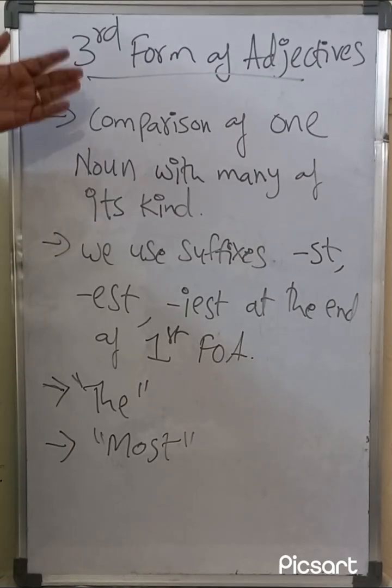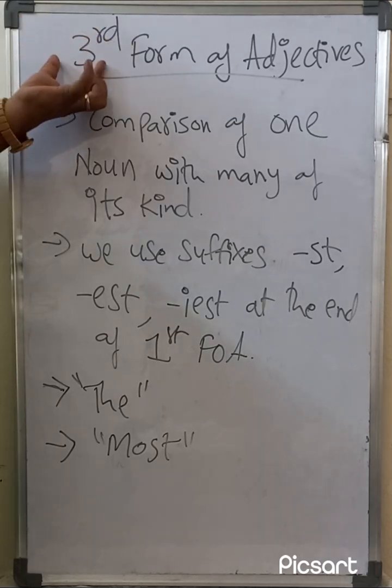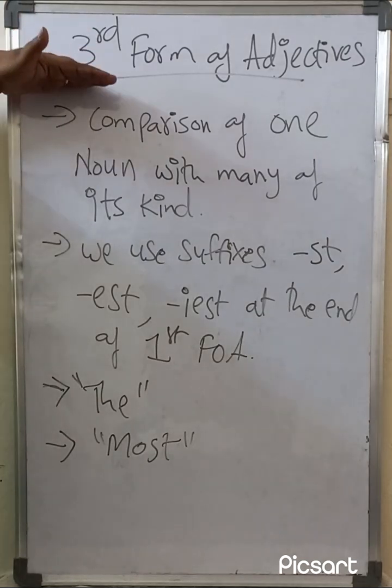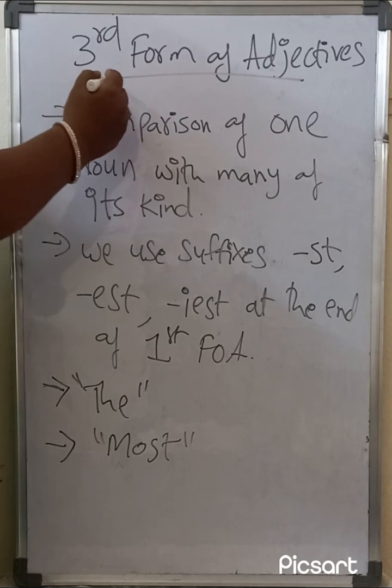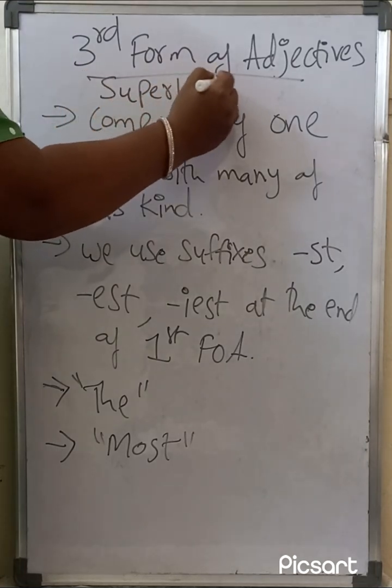So guys, now let's see the last form of adjective, which is the third form of adjectives. So far we have seen first form and second form of adjectives, and now the third form of adjectives is also called the superlative degree, the superlative degree of comparison.